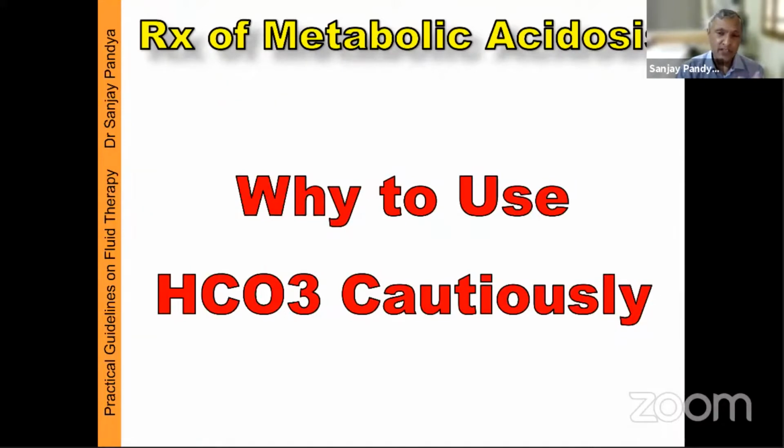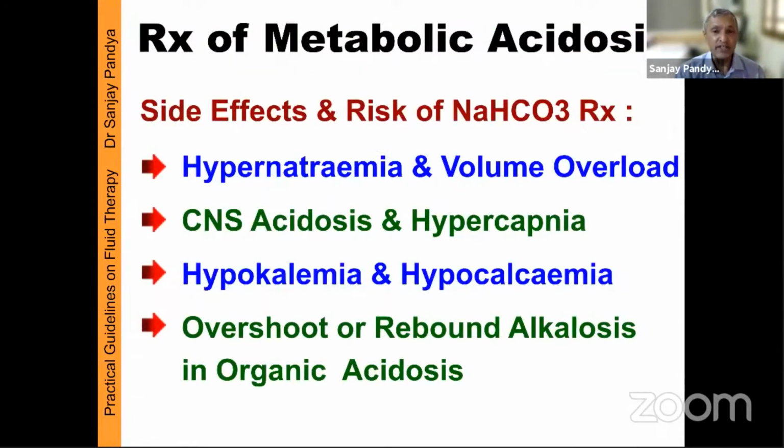Now, if it is so useful, why should we be cautious and concerned about using bicarbonate judiciously? Because it has many side effects. It's rich in sodium, so it can cause hypernatremia, volume overload, CNS acidosis, hypokalemia, hypocalcemia, and overshoot or rebound alkalosis in patients with organic acidosis.